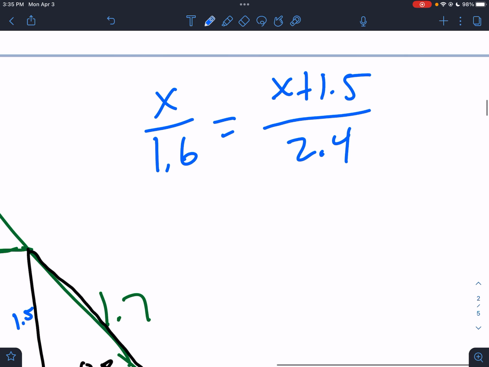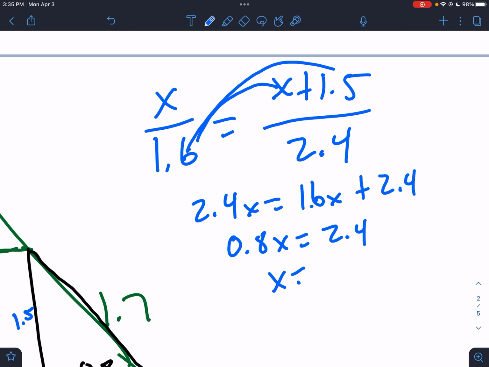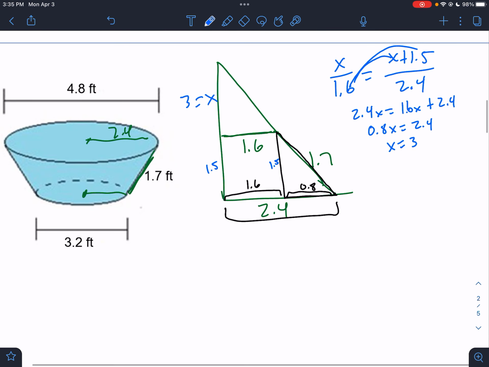Cross multiply and solve, that's going to be 2.4x equals 1.6x plus 2.4. So remember you have to distribute. That's going to be 0.8x equals 2.4, so x equals 3. So this spot is 3. So now we just plug it in.